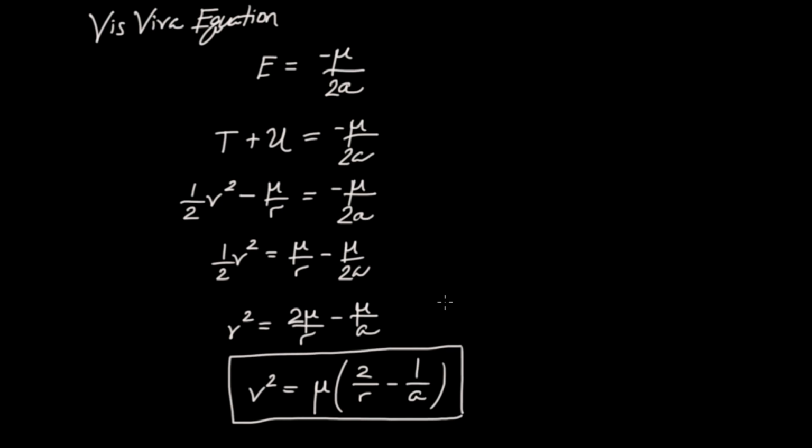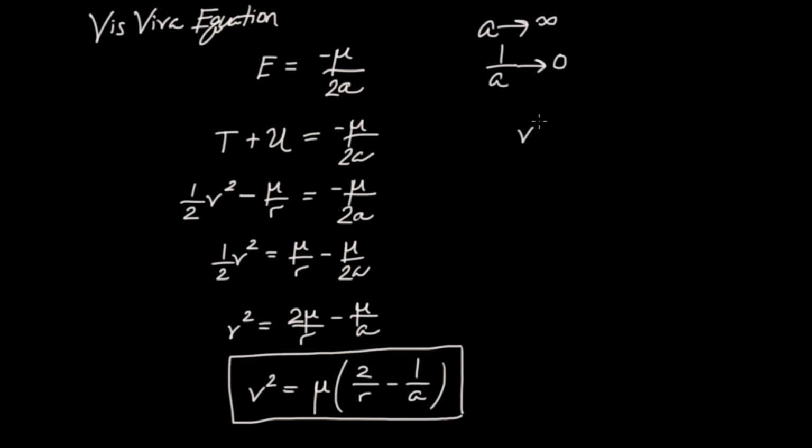Now, if you want to escape an orbit, you want to let the semi-major axis go to infinity. Because if it's any finite value, you're just going to have a very elongated elliptic orbit. So you want to let a go to infinity. If a goes to infinity, that means 1 over a is going to go to 0, so this term is going to disappear.